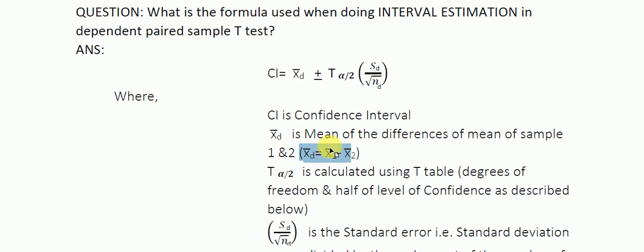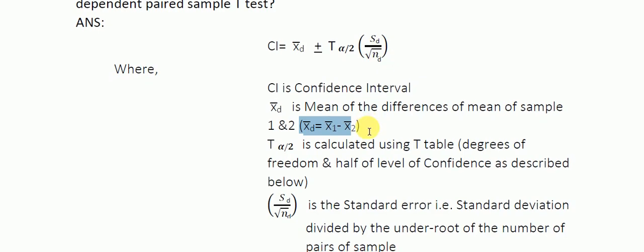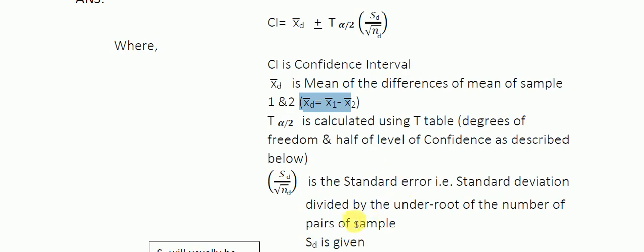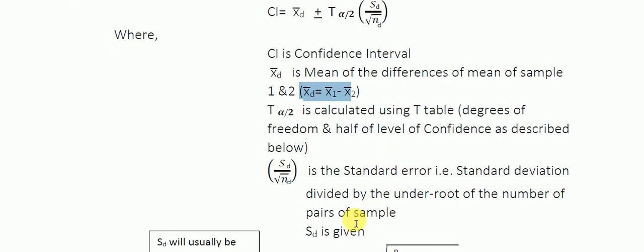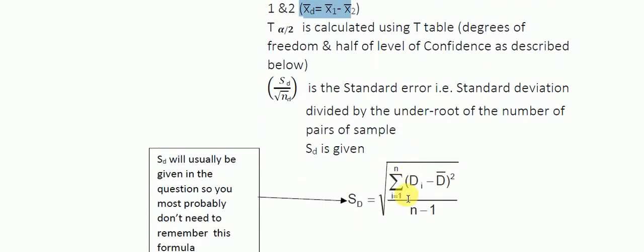Then we have t alpha by 2. We already know how we calculate t alpha by 2. Then we have s_d over under root n_d. n_d is the sample size. s_d is the standard deviation divided by the under root of the number of pairs of samples. So this is how it works. But normally s_d is given in the question. If not, then we'll have to calculate it using this formula. We can see later on how it works.